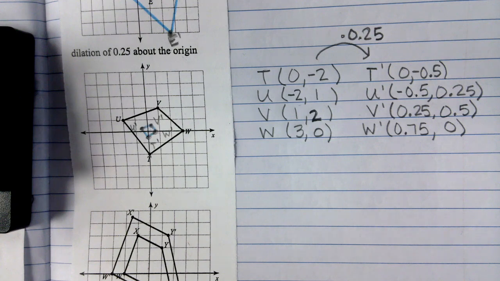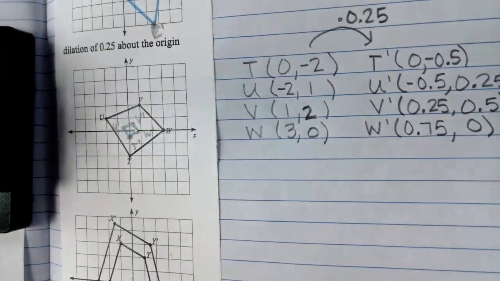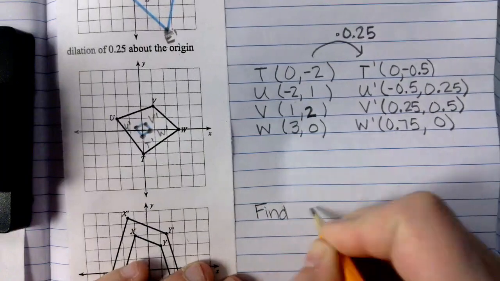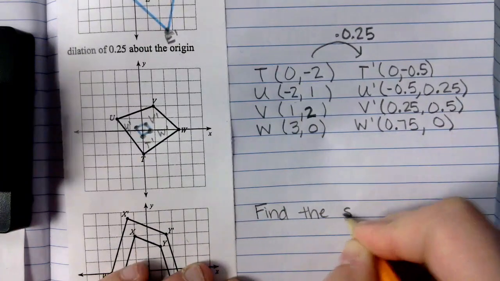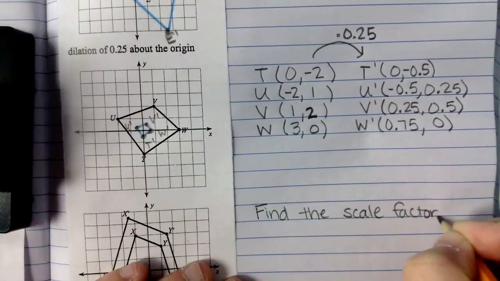Alright, we have one last one. This one we're going to find the scale factor. So we need to know which one is the original, which one's the pre-image, and which one's the image.